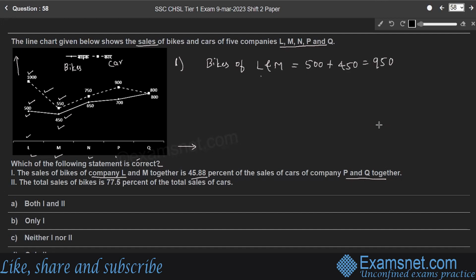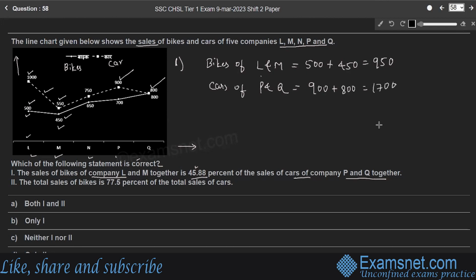It is what percentage of the sales of cars of company P and Q? So cars of company P and Q. P sells 900 cars with the dotted line, and Q sells 800 cars. So together it is 1700 cars.